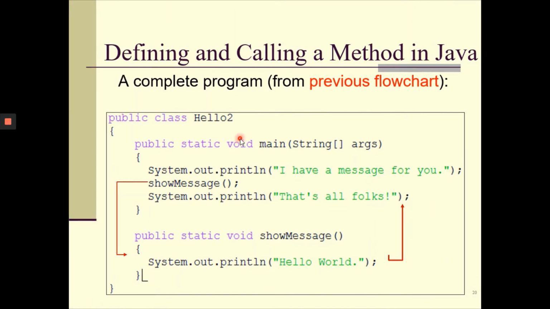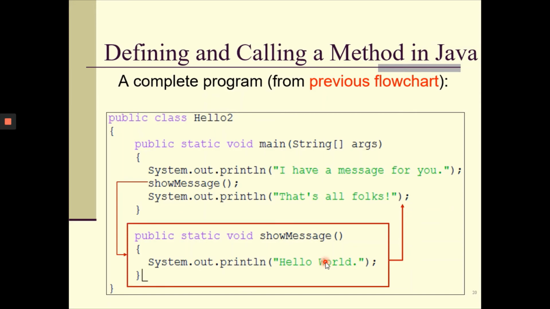Okay, let's see the actual code here. Referring to our previous flowchart, you have the main method and also your show message method. In the main method, we just want to print I have a message for you. Then if you see here, this is the method call. When you have the method call, the execution flow will go and search for the method.